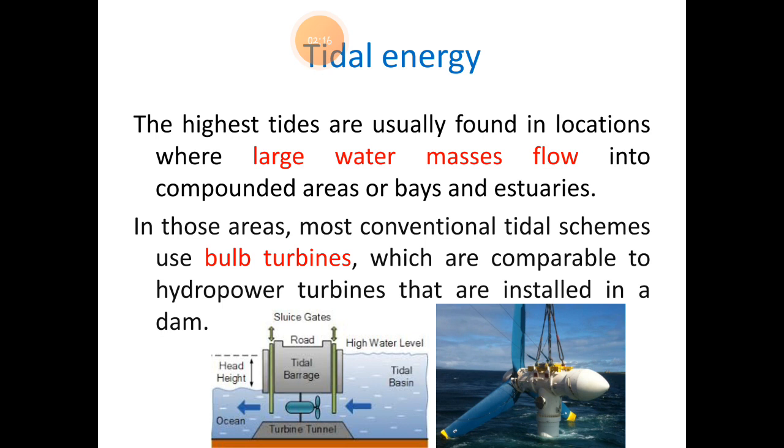However, the highest tides of 8 to 12 meters height are formed in the locations of compounded areas or bays or even estuaries. You know, an estuary is a point where a river meets the sea.